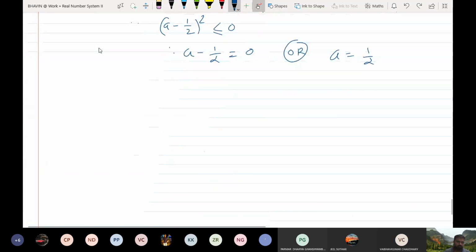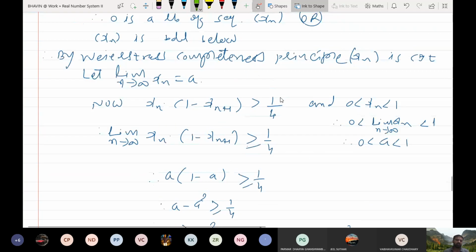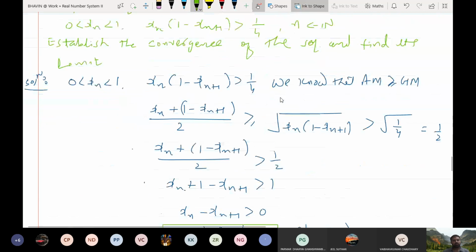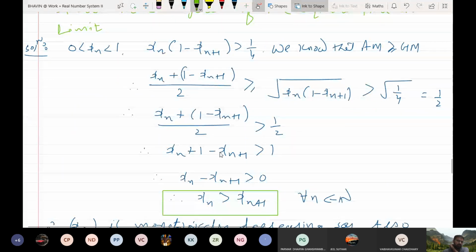Do you understand, Vaibhav? Yes sir. But a is nothing but limit n tends to infinity of xn, so this is 1 by 2. Clear? So this is a very nice example. Though it is small, we have used very nice tools and techniques of analysis.